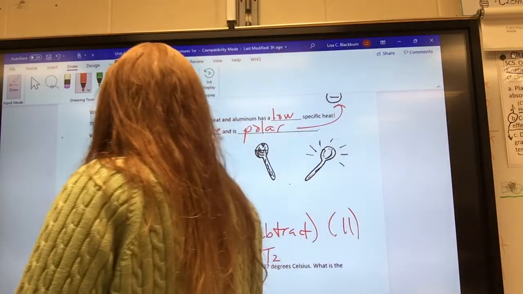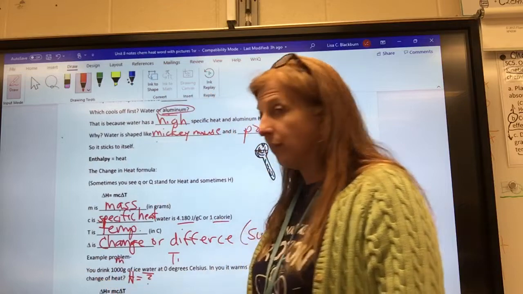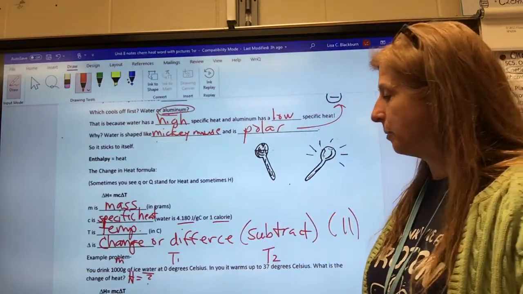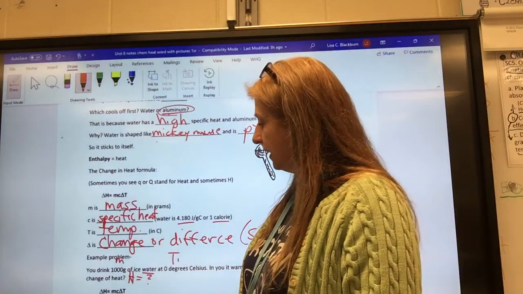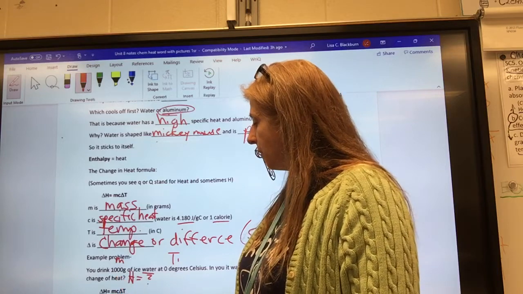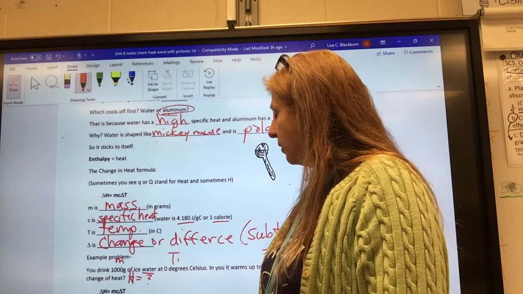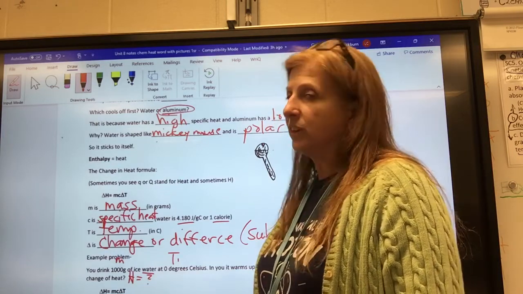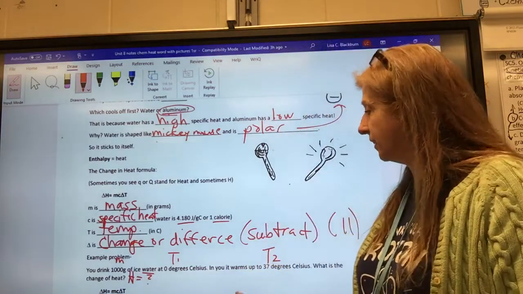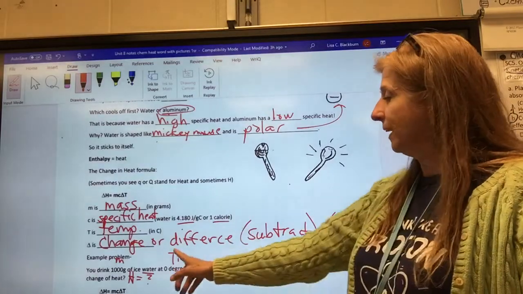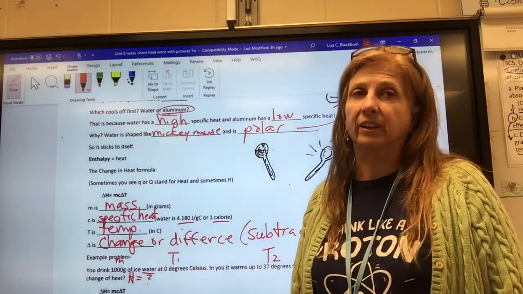Now, when I do the problem, I write the formula every time. That'll help you learn it. And then I substitute it in. So right underneath M, I write 1,000. Right underneath C, I put 4.180. And right under delta T, I put 37 because 37 minus 0 is 37.